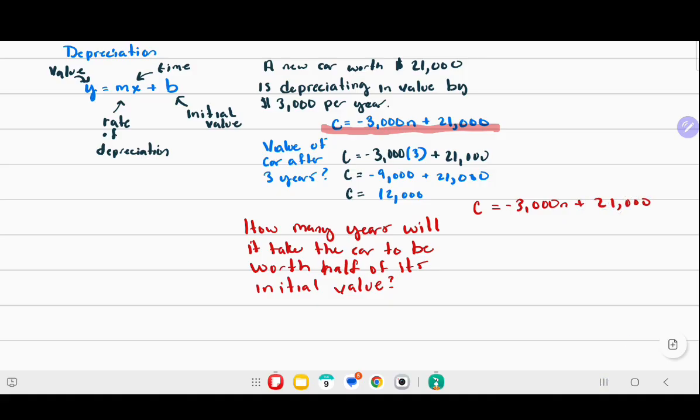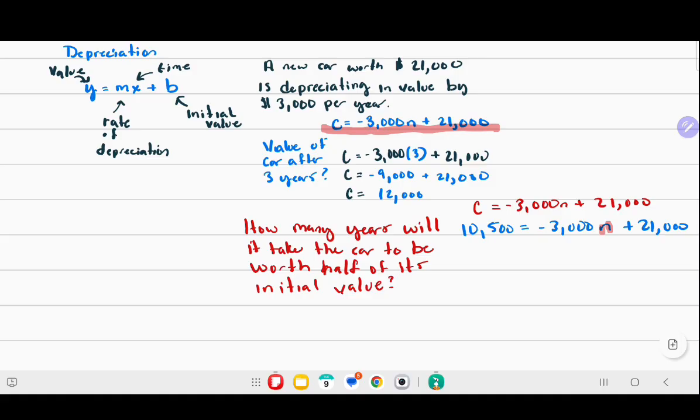So we said half of 21,000 is 10,500. Equal sign. We still have negative 3,000 n plus 21,000. We want to know how long that'll take. So our goal now is to get n by itself.